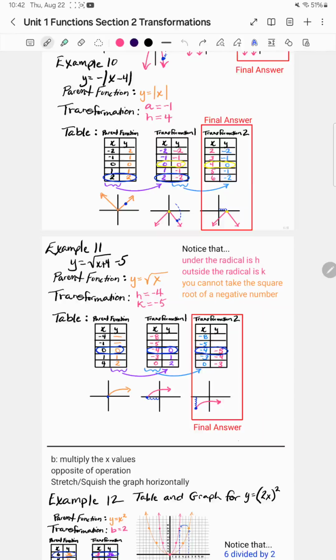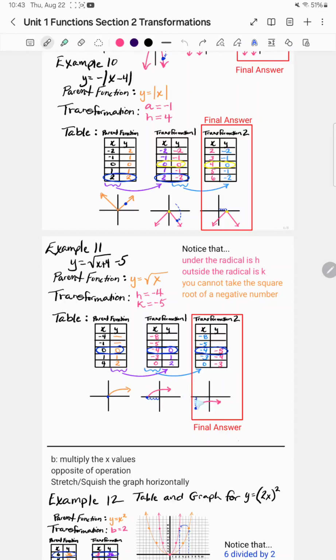That's transformation 1. Transformation 2 is k. We have the -5 on the outside. So we're going to copy exactly the same x values over. So -8, -5, -4, -3, and 0. And the y values are what's going to change. We're going to take the 0 and subtract 5, 1 minus 5, and 2 minus 5.